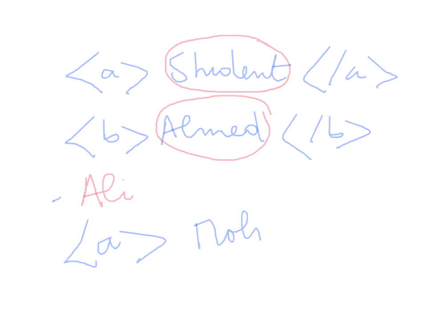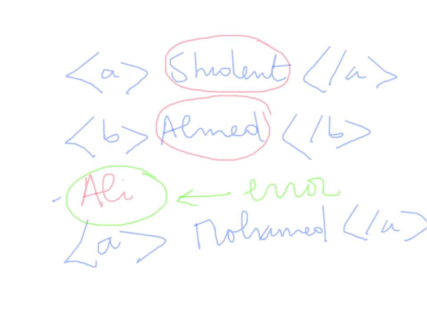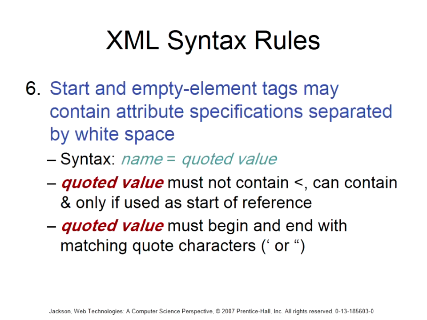Yes. So character data may only appear within an element. So for example here, this is an XML document. A student, for example, and end A, B, Ahmed, and end B. So Ahmed is a character data, student is a character data. So a character data must be included between begin and end tag.